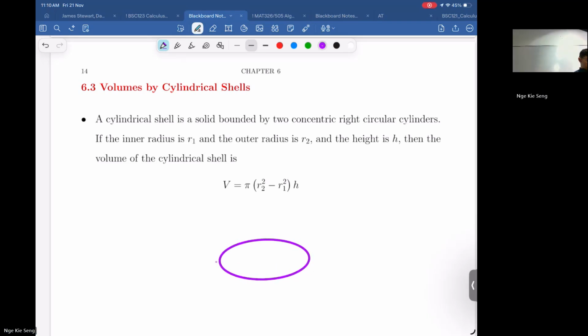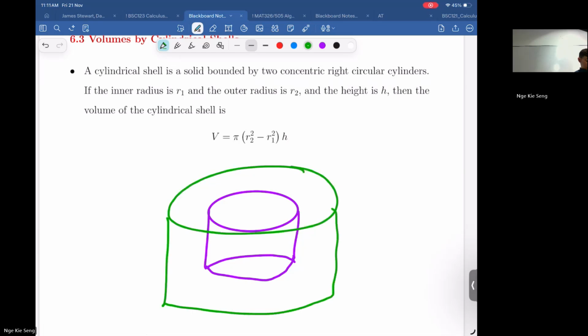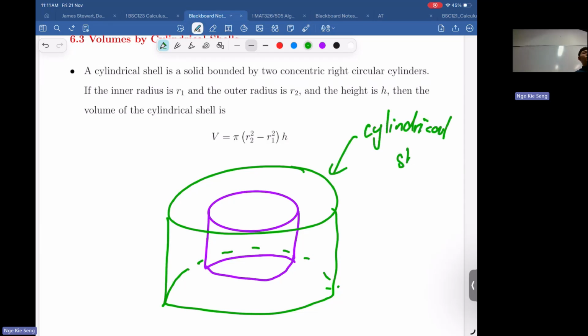One cylinder is like this, and the other cylinder is like that. This is called a cylindrical shell. You saw this shape before, actually. This is a washer, but just now our washer was facing the x direction, and now this washer is facing the y direction.